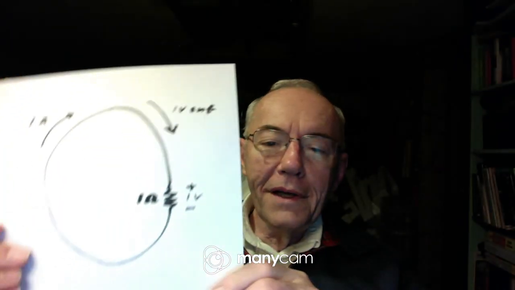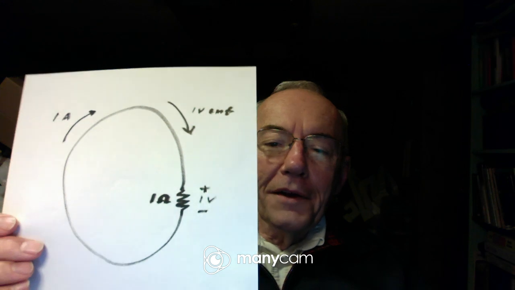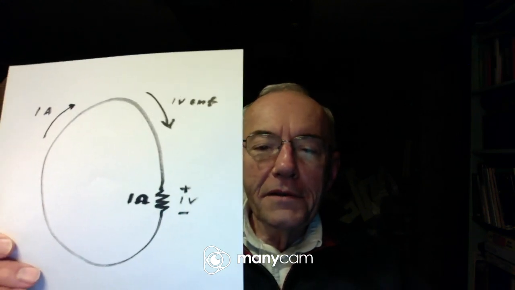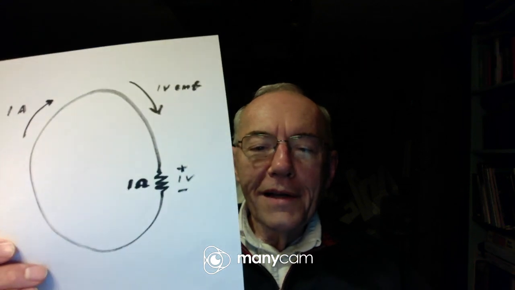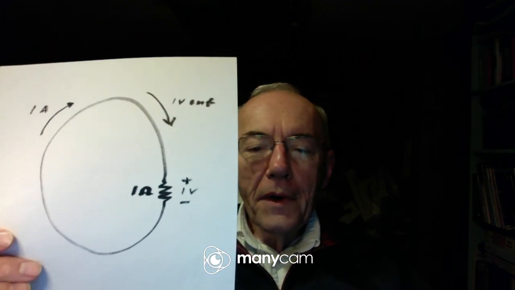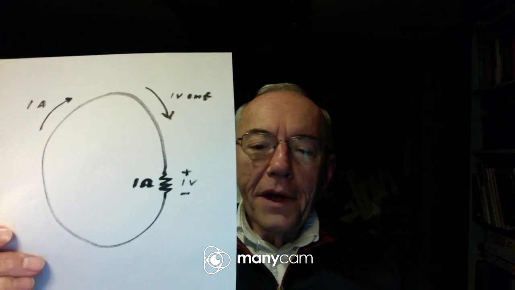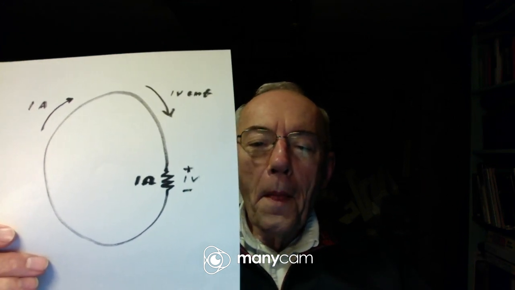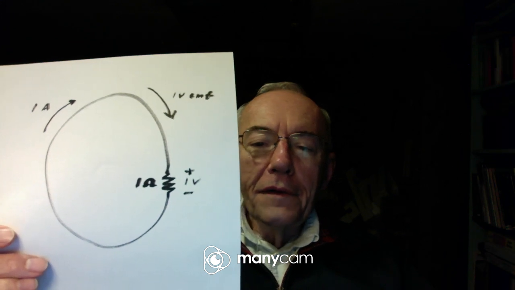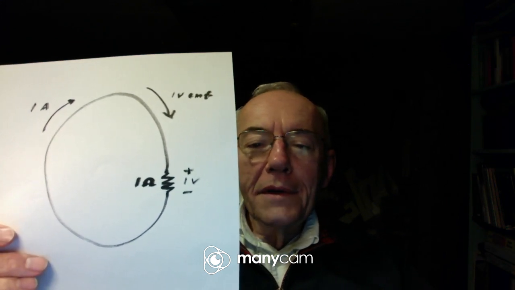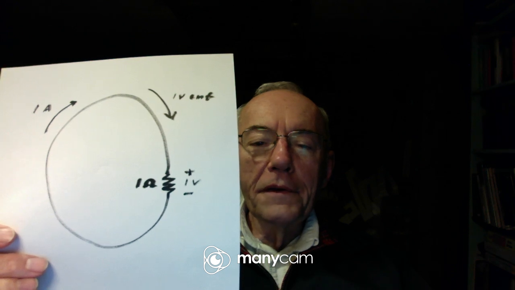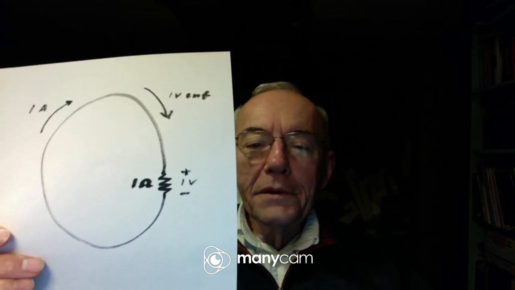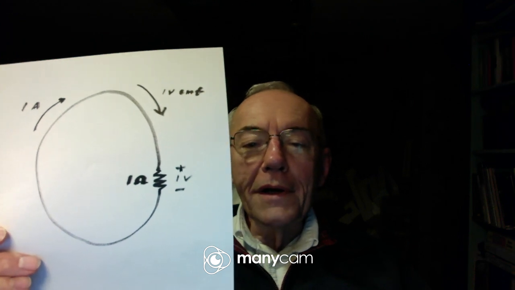Now for the next case, this diagram here. I have a similar situation, except in this case, let's assume that the wire has negligible resistance. And you have a 1 ohm resistor in the circuit here. And let's assume that there's 1 volt of EMF induced in the circuit, which will give you, again, 1 ampere of current.